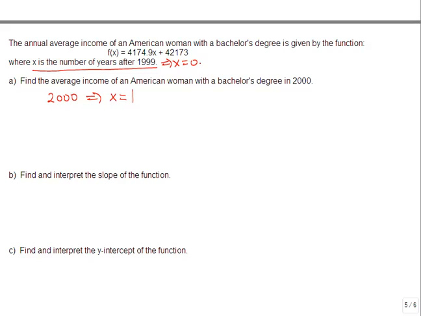So x equals 1 should be the year 2000. So all we have to do for part A is find out what the value of this function is when x is 1. So what we're really looking for is f of 1. So we're going to plug in 1 for x. And these numbers are pretty yucky, so you definitely will want a calculator.